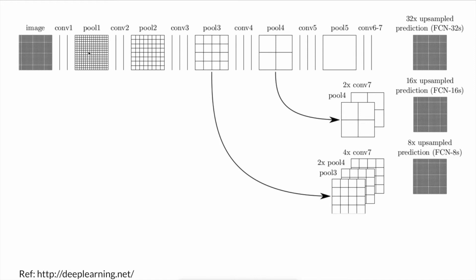For example, a 28 by 28 image will be reduced to 14 by 14. Then again convolution, then again pooling. After a few layers of convolution and pooling, for example 7 stages, finally we get the feature map output of the final convolution layer.